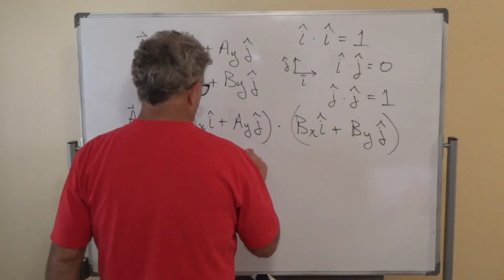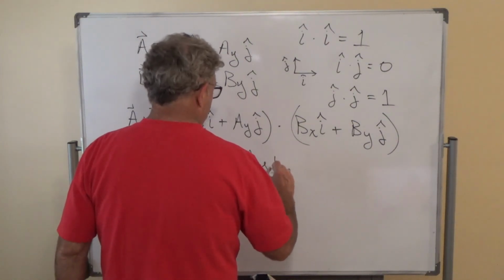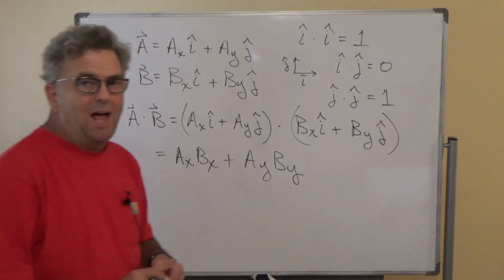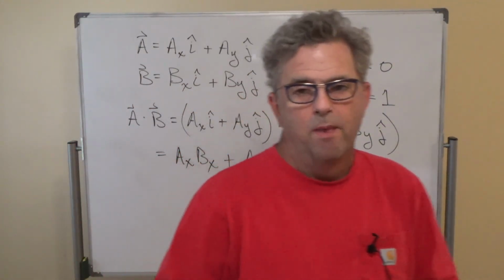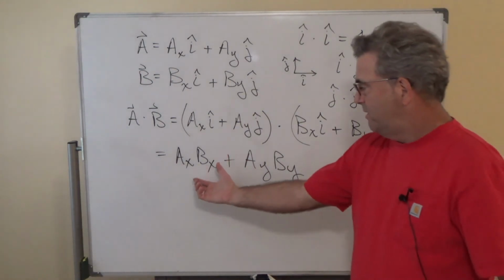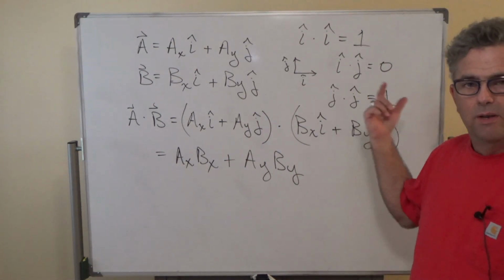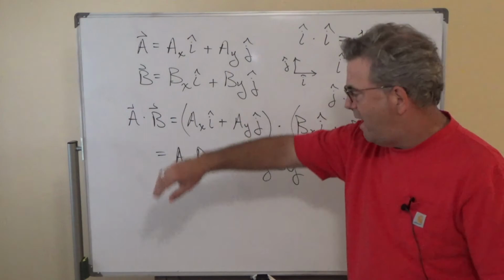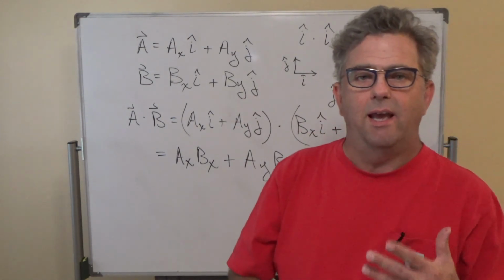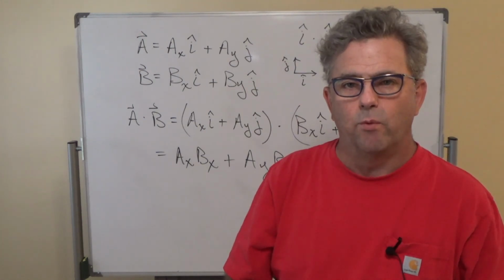So this is AY BY. That's it. That's A dot B in component form. You multiply the components, keeping the x's together, the y's together, the z's together, and you add them all up. Very, very easy to take the dot product in component form.